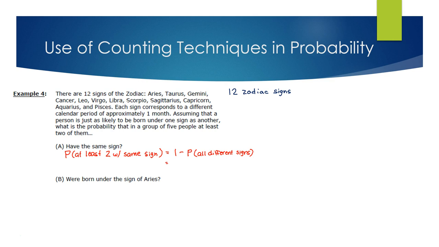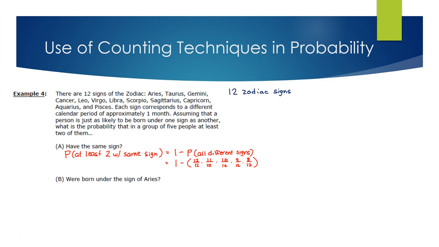Because for me to get the probability that all have different signs, I'm going to be taking 12 out of 12 times 11 out of 12 times 10 out of 12 times 9 out of 12 times 8 out of 12. The first one being 12 out of 12, they're not saying which sign it is.